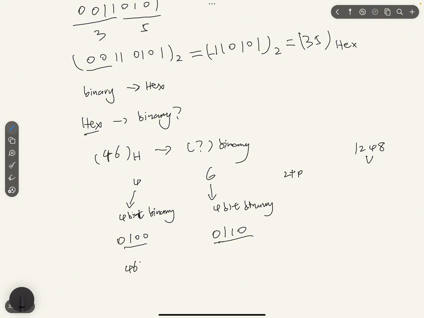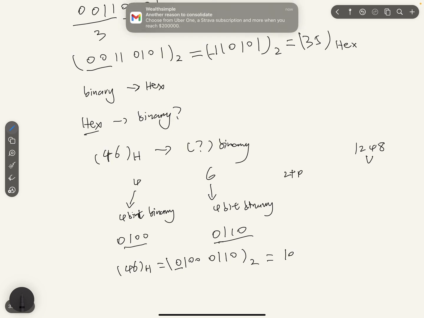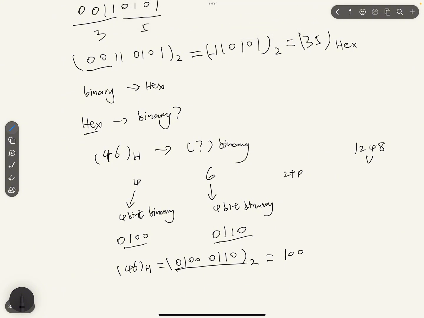So 46 in hex will give us the binary 0100 0110. Okay, that's in binary. We can cancel out this 0 since it's a leading 0. If we leave it, it will be 8 bits like this, but we can write it in 7 bits since we have a leading 0.